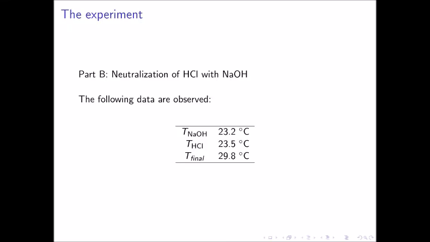Now that part B is completed, we can look at the data. Again, the temperature for the sodium hydroxide was found to be 23.2 degrees Celsius. The temperature for the hydrochloric acid was 23.5 degrees Celsius, and the final temperature after reacting was 29.8 degrees Celsius. As before, we will wait until the next video to focus on calculations.